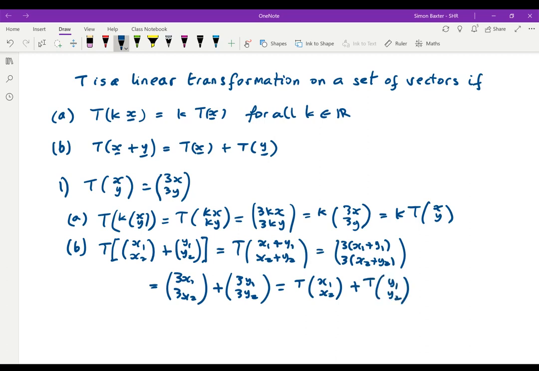So condition B is satisfied. In this case, T is a linear transformation.